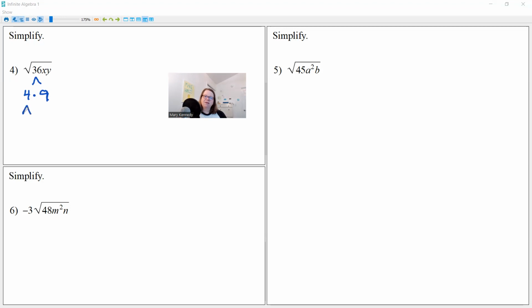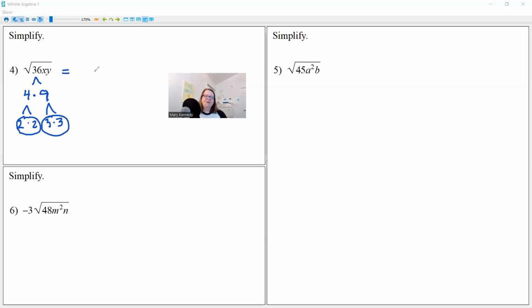Well, let's break that down. 4 is 2 times 2, and 9 is 3 times 3. Well, there's a perfect square because I have a pair. A pair is a perfect square. A pair of 2s is a perfect square, square root of 4. A pair of 3s, perfect square was 9, right?